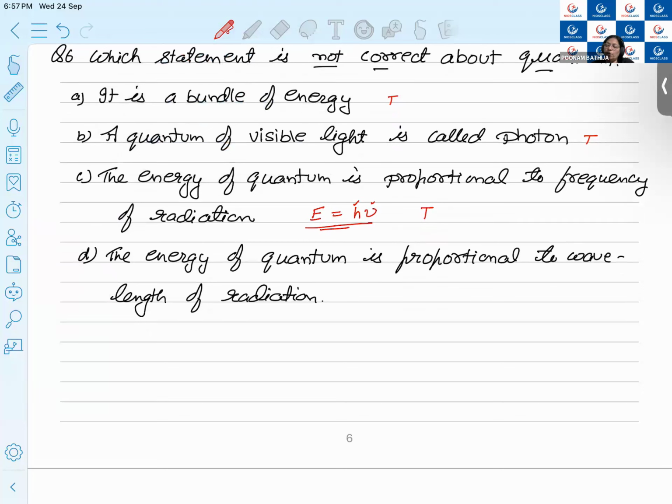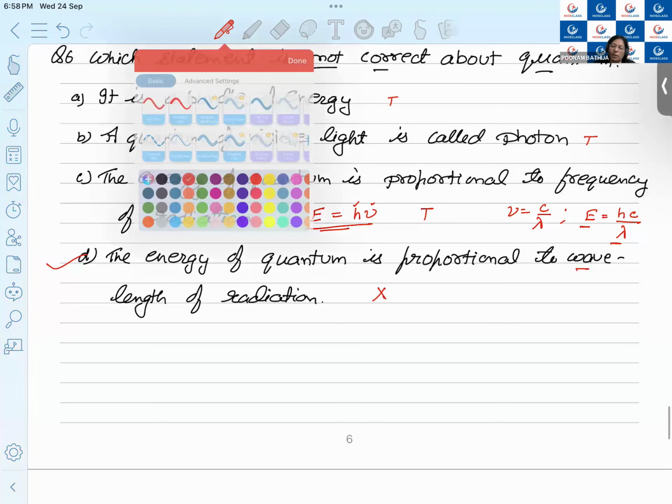The energy of the quantum is proportional to the wavelength. Wavelength is lambda. Nu is c by lambda, so we can write E equals h c by lambda. So E and lambda are not directly proportional; they are inversely proportional. That means this statement is not true. So this will be our answer, the incorrect statement. In this manner, you will get your answer.